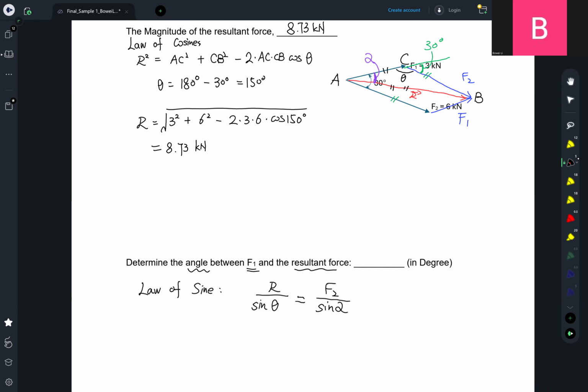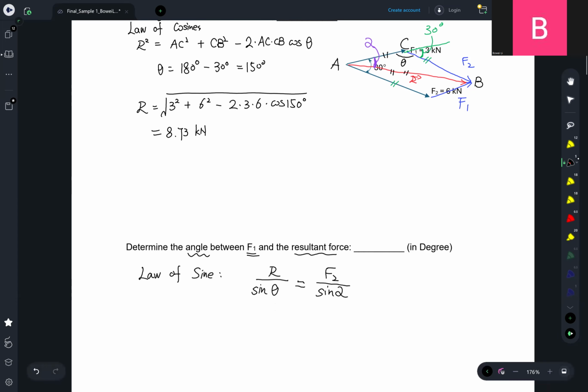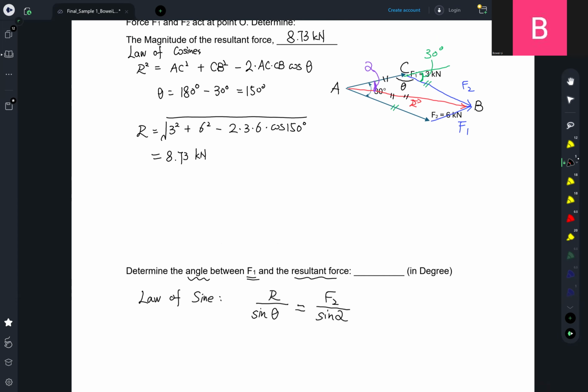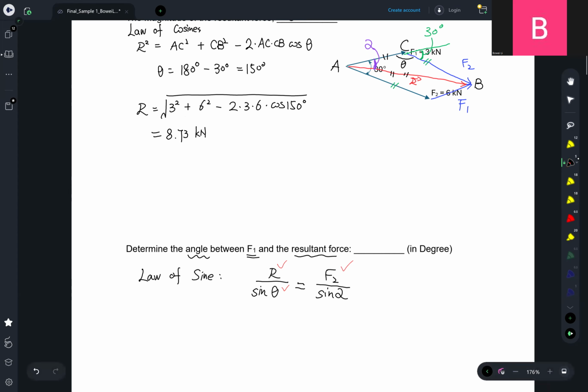Now, how many equations do we have? One equation. How many unknowns? Only one, because we know R, theta, and F2. Alpha is the only thing we don't know.